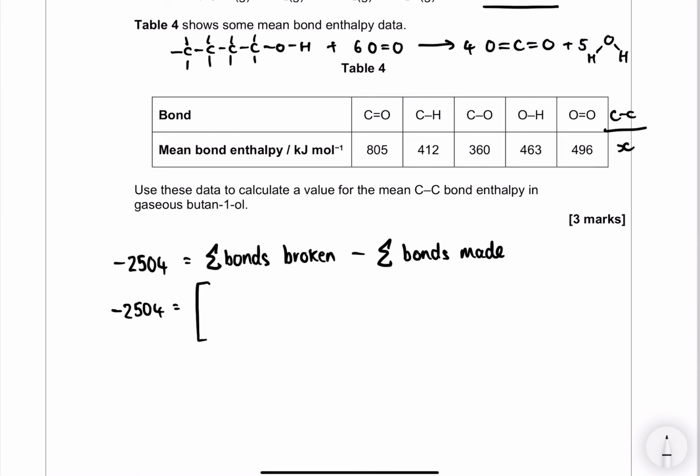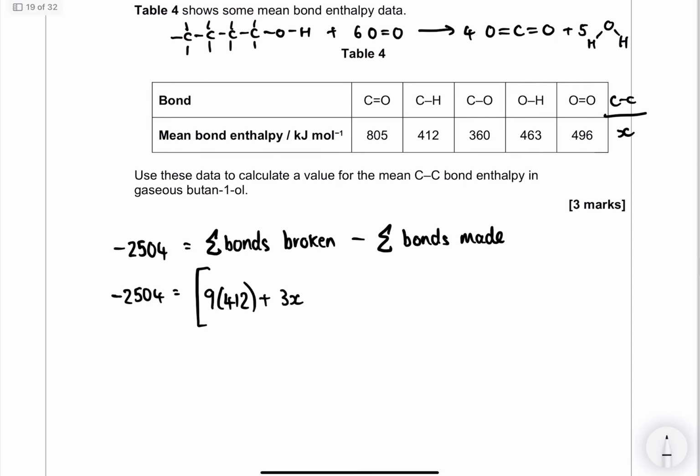So minus 2,504 is the sum of the bonds broken. So we've got 1, 2, 3, 4, 5, 6, 7, 8, 9 C-H bonds. We've got 1, 2, 3 of the bond we're trying to find, the CC bond. We've got a 360 and a 463. And then we need to add on to that the 6 OO double bonds.